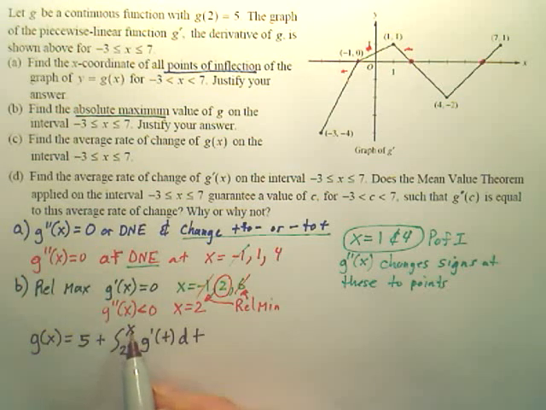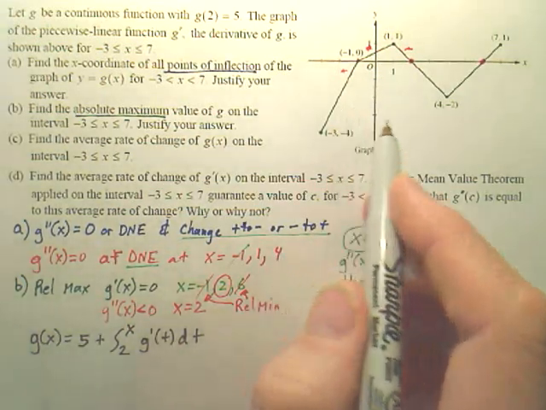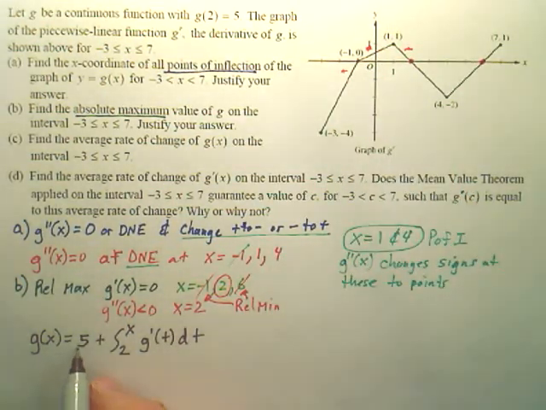Adding up the sum of the integral will give you the actual position, and that position will tell you max or min.